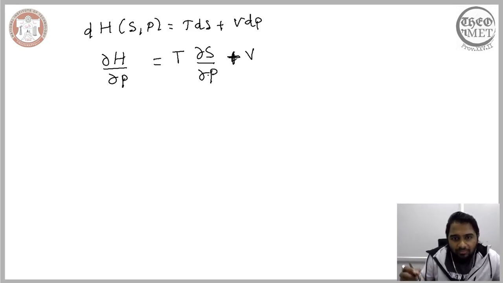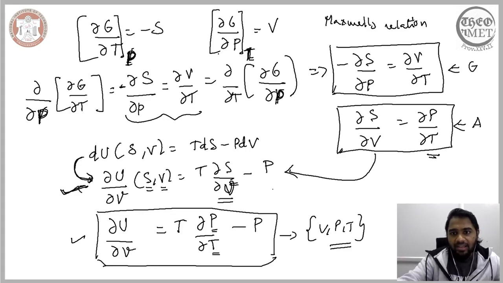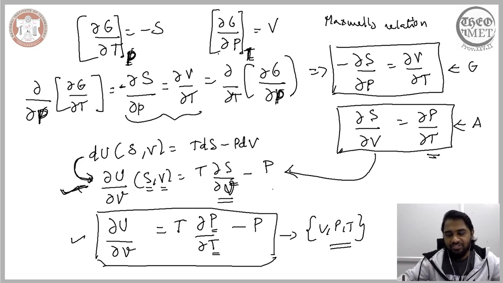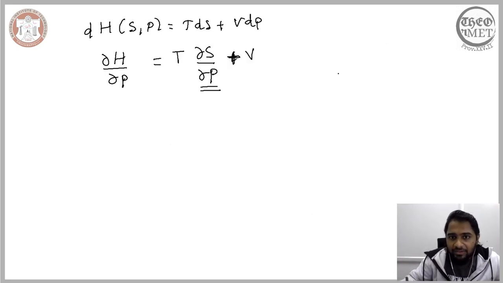Now we need to get rid of this term here, because this is the term that introduces the influence of entropy on the change in enthalpy. In order to get rid of this term, let us go back and see if we have arrived at any similar relation. Fortunately, by considering the Gibbs free energy, we have arrived at this relation here. If we rewrite it, the negative of the change in entropy with respect to change in pressure is equal to the change in volume with respect to change in temperature.